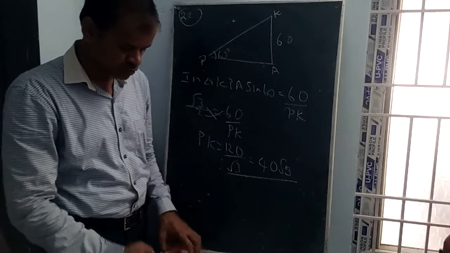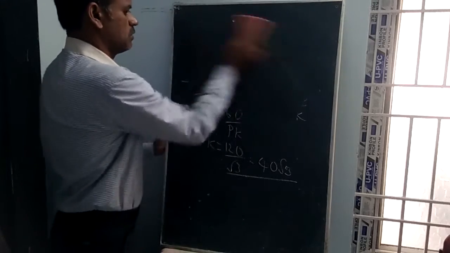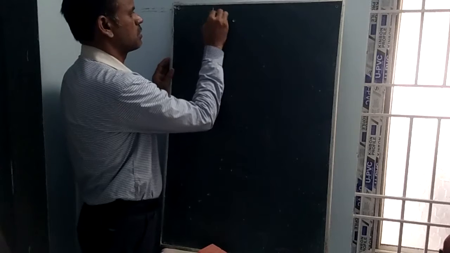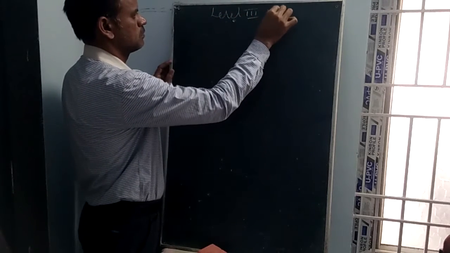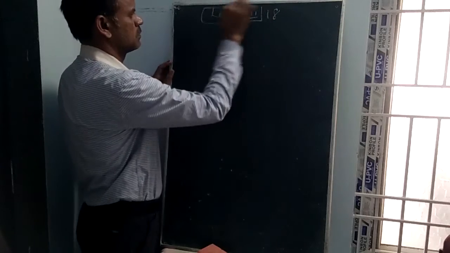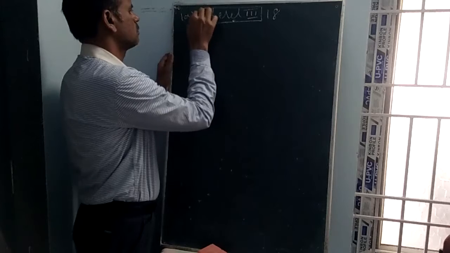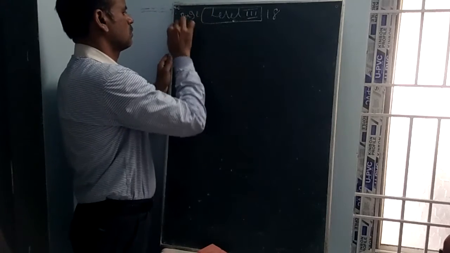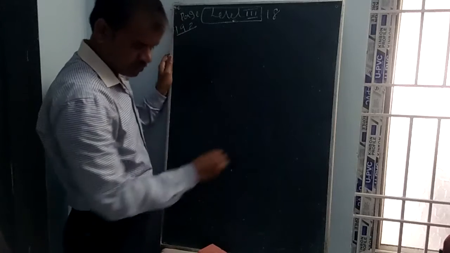Page number 192, from the 18th question I will start, and discuss onwards until 20, 21 like this. Heights and distances, level 3, page number 192.